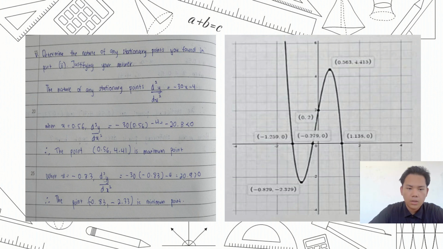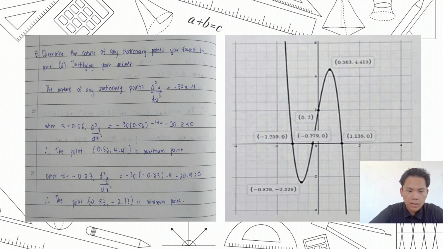When x equals 0.56, d squared y over dx squared equals negative 30 multiply 0.56 minus 4 equals negative 20.8, which is less than 0. The point (0.56, 4.41) is a maximum point.